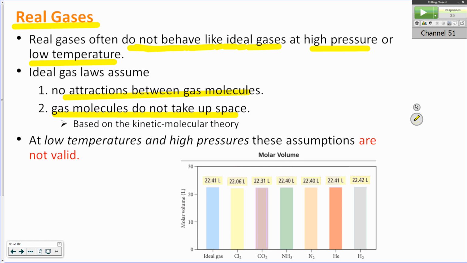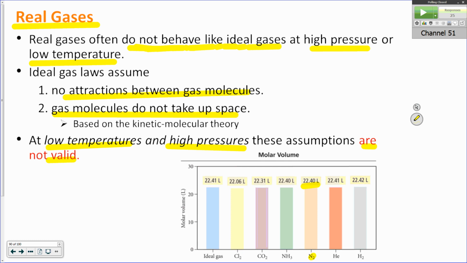And it's not typically a big difference that we see. As long as we're not at low temperatures and high pressures, the assumptions are typically fine; those are the places where it's a problem. If we look at how much the molar volume differs, we said that for an ideal gas it's 22.4. It works right at 22.4 for nitrogen gas.